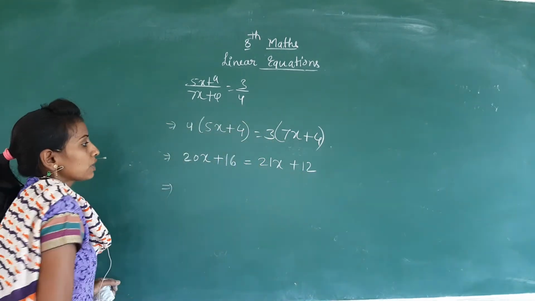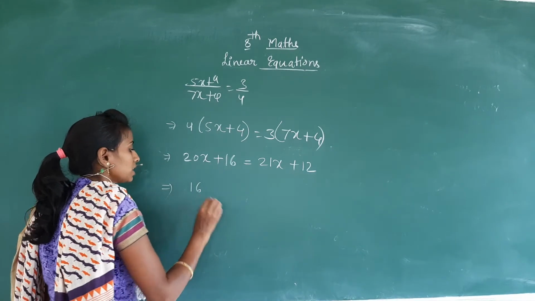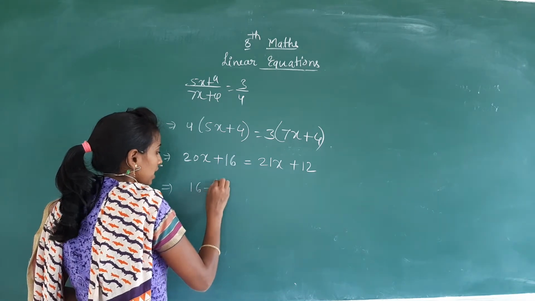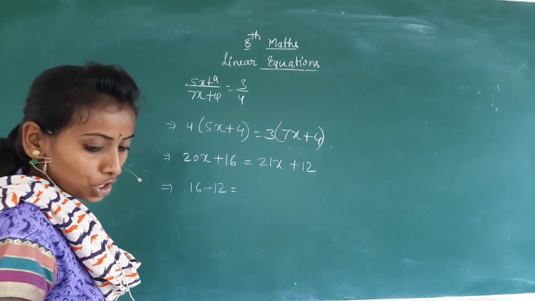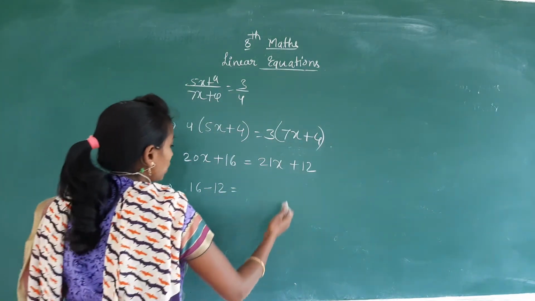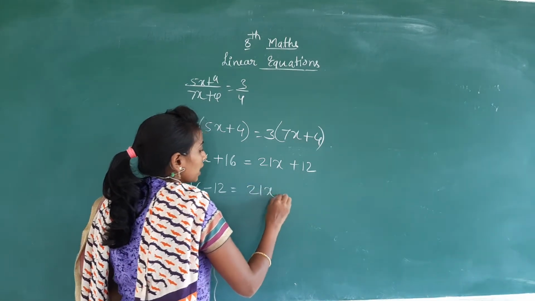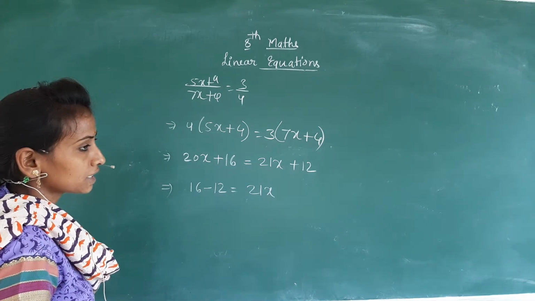Take variables to one side and constants to the other side. I will keep 16 as it is. I am taking 12 to the LHS side, that becomes minus 12. Otherwise, you can take 16 to the RHS side. I am keeping 21x as it is on the RHS side.